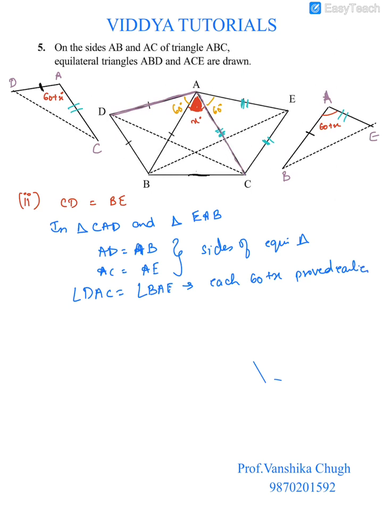And therefore my two triangles, triangle CAD is congruent to triangle EAB by the SAS test, side angle side test. And because the two triangles are congruent, I get DC is equal to BE, which is CPCTC: corresponding parts of congruent triangles are congruent.